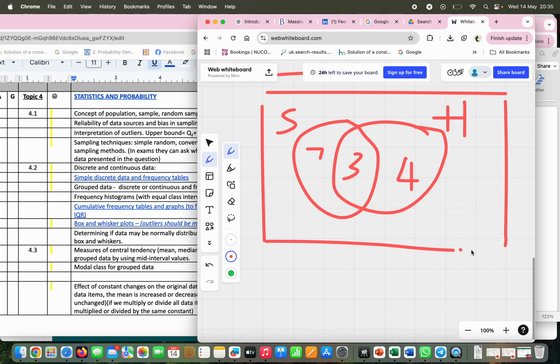Let's say we're going to put 10 on the outside, and it says, given a person studies history, so let's say the question is, what is the probability that given they study history, they also study Spanish? So you need to basically zoom in on the circle.